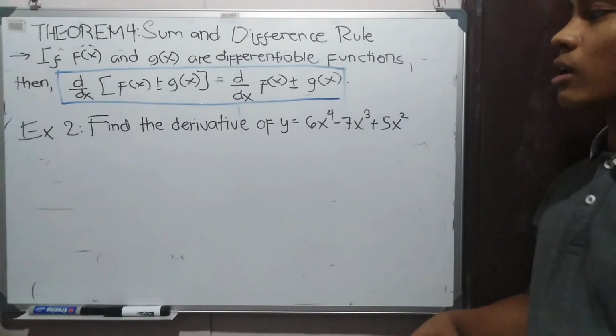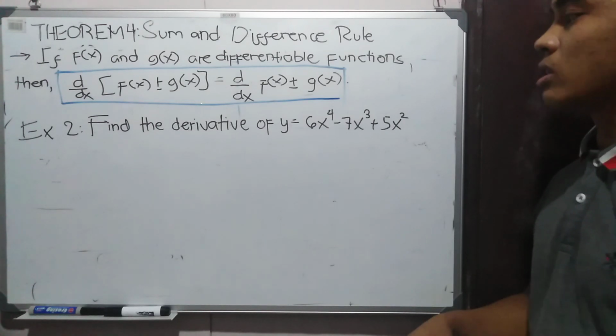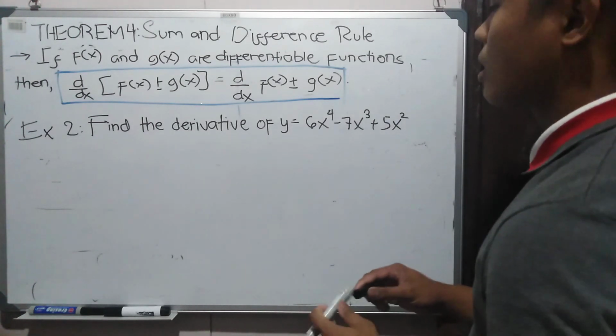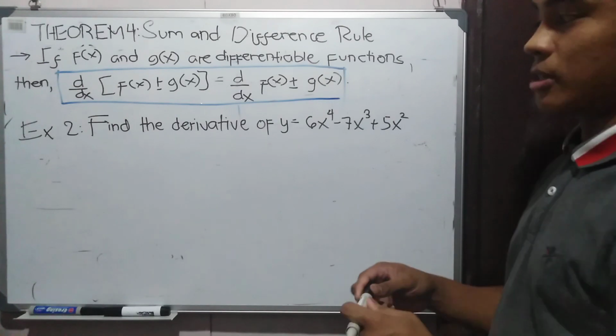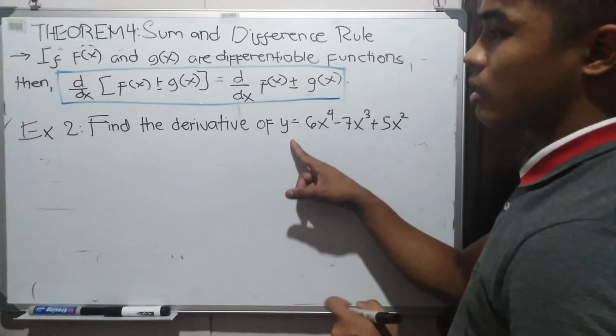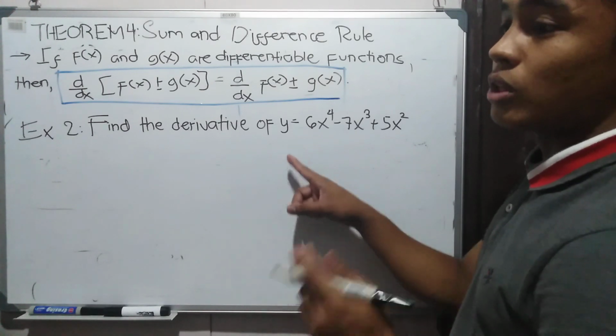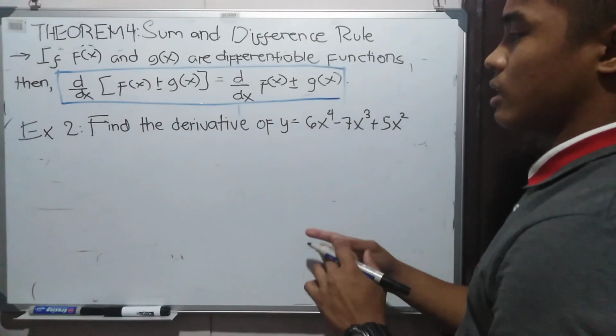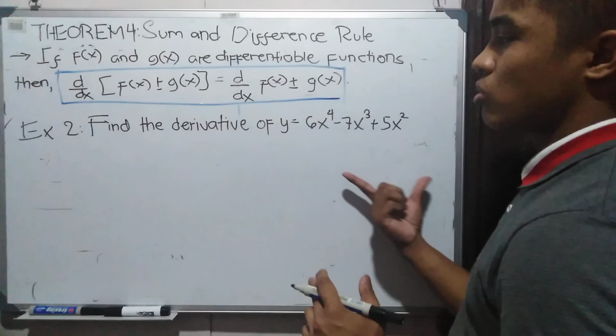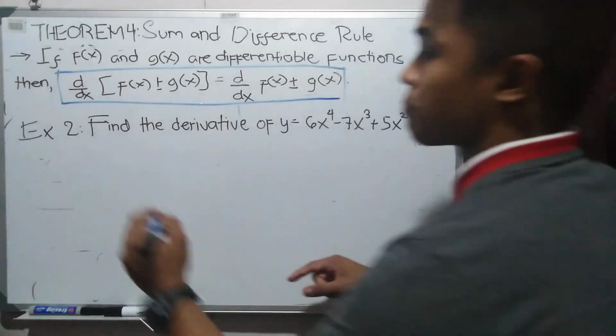Okay, so let's find the derivative of y is equal to 6x raised to 4 minus 7x cubed plus 5x squared. Okay, so since ang given natin ay y, i-express natin yung ating derivative as dy over dx, since ang given natin na function ay naka-express as y.